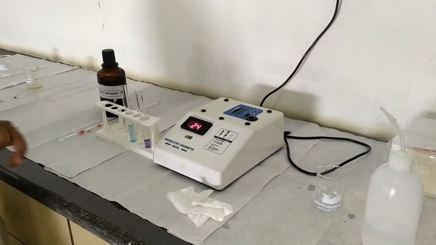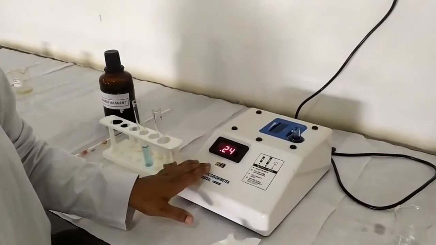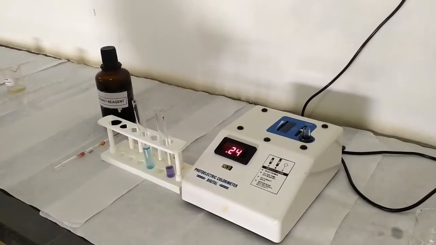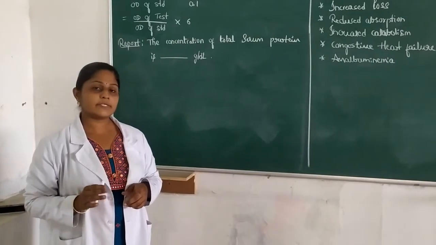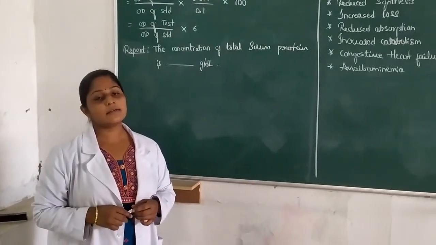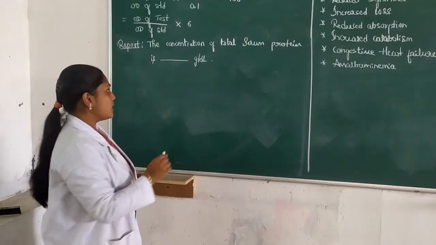You can see the value is 0.24. Now we will use this for calculation. So you saw the OD value. First we set it with the blank to 0, then we took the reading of our test.